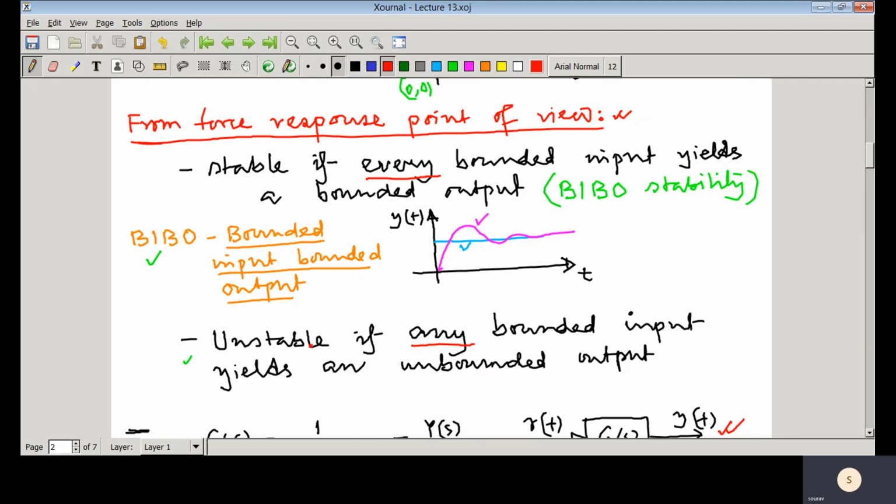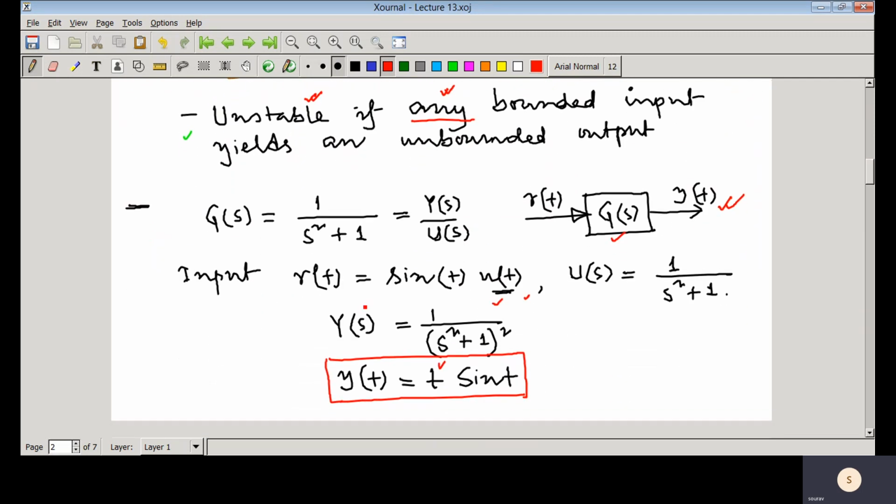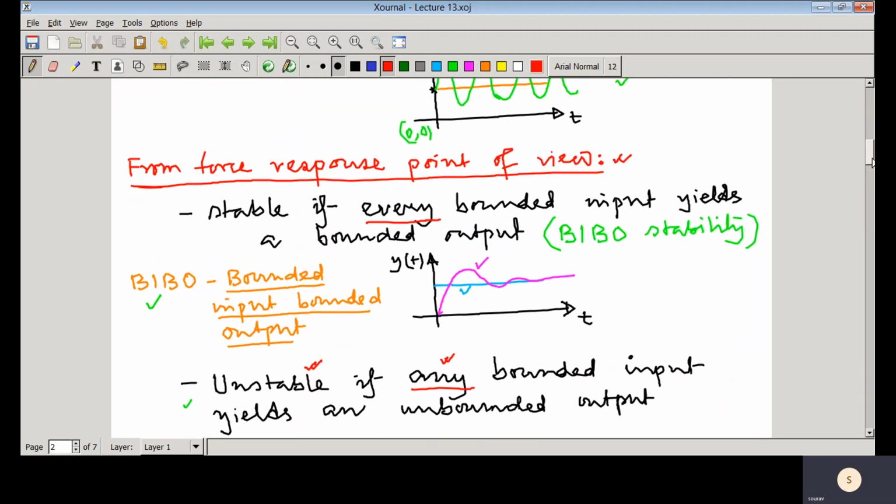You can see that if we apply that input, the response is tending to infinity when t tends to infinity. So this is an unstable system. From the forced response point of view, we can see that the system is unstable.